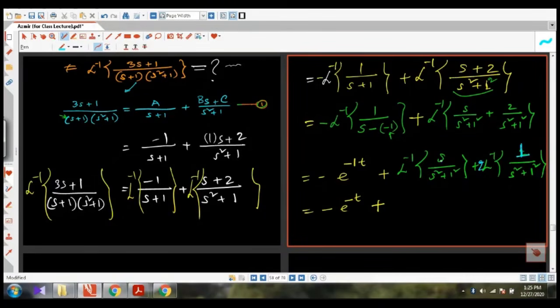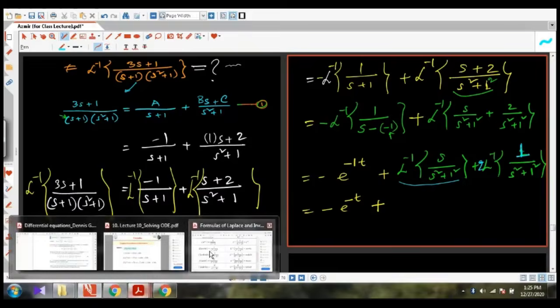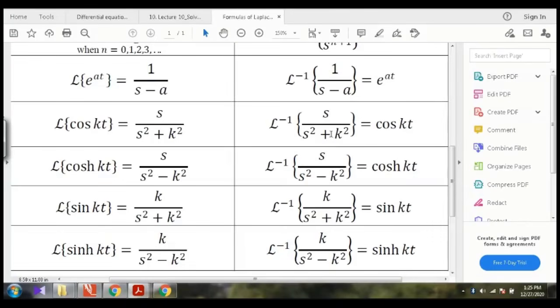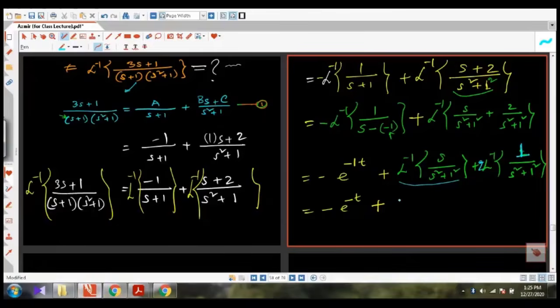So now inverse Laplace of s over s squared plus 1 squared, s over s squared plus k squared, with k equal to 1, will be cosine 1t, right? Yes, sir. So cosine 1t, that means cosine t, plus 2 is here.